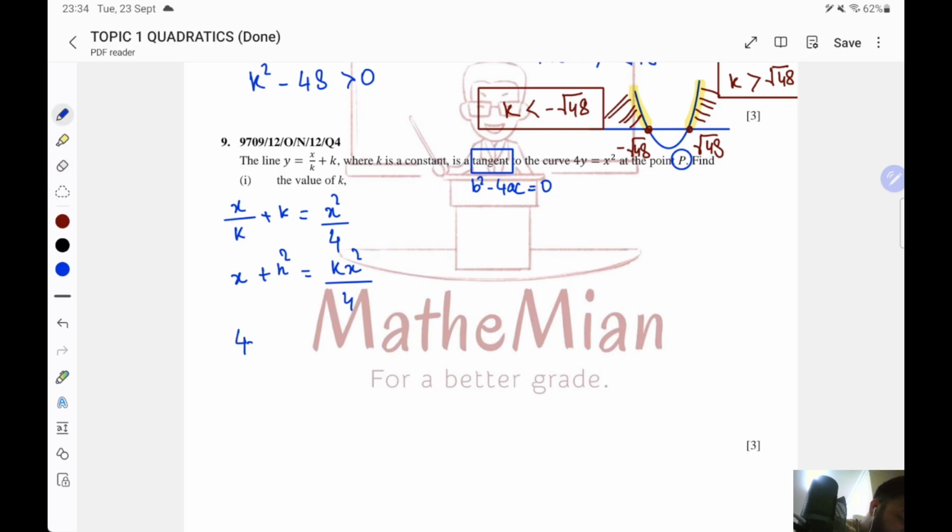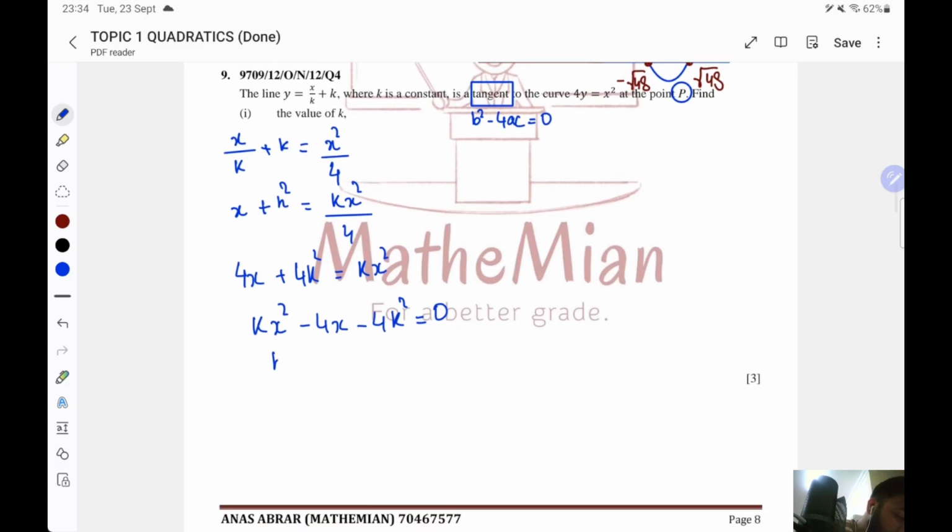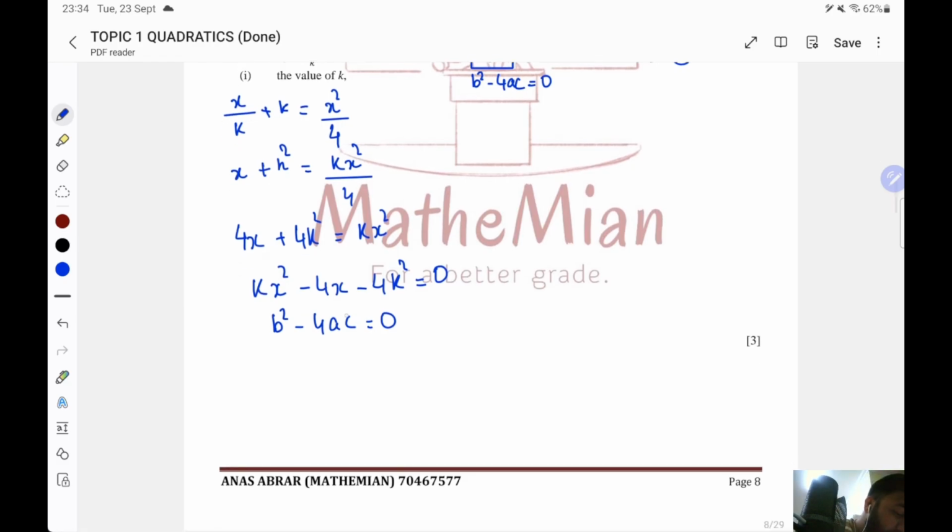It will be 4x plus 4k square equal to kx square. Simplifying, kx square minus 4x minus 4k square equals 0, and b square minus 4ac will also be equal to 0. The value of b is minus 4, a is k, and the value of c is 4k square, and it will be equal to 0.